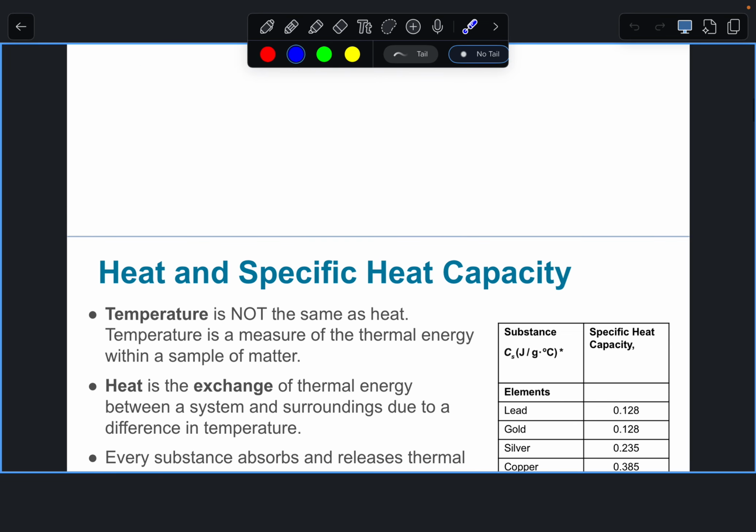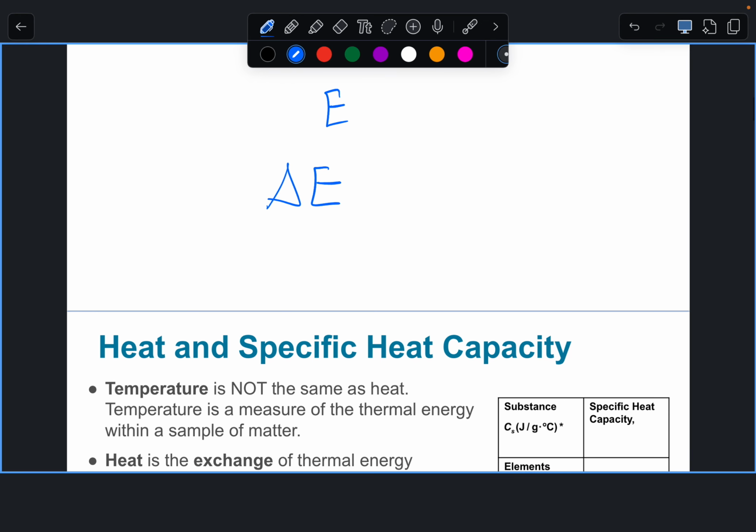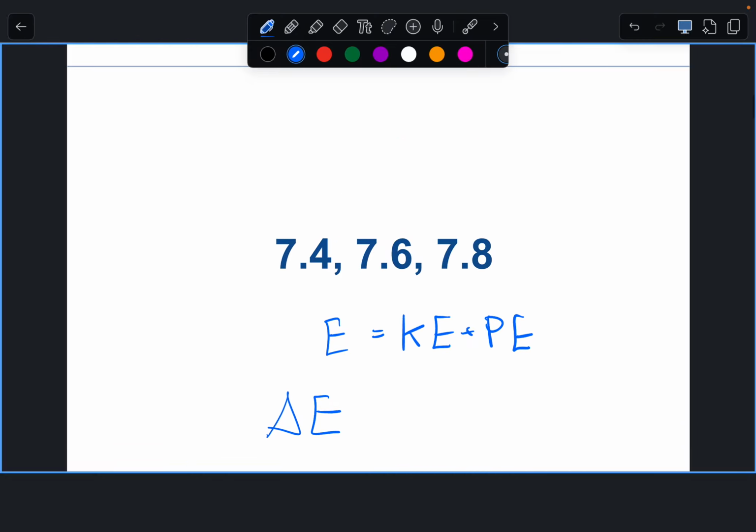So we talked a lot about internal energy, which is defined as all the kinetic and potential energy that a system has. Specifically, we're going to look at how that energy changes from the beginning of a reaction, the reactants, to the products, okay?